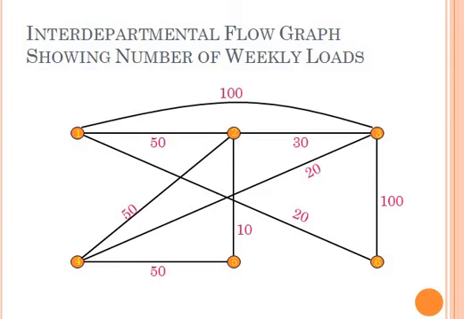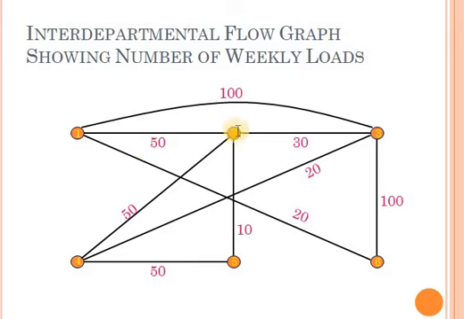This diagram shows the flow between departments. It states the load as well. So you can see here from department 1 to department 3 we have 100. So this is the weekly load between department 1 and department 3. As you can see also we have the flow between department 1 and 2. It is 50.